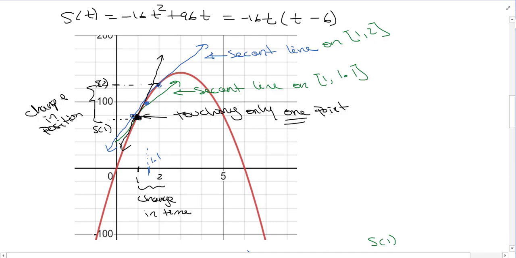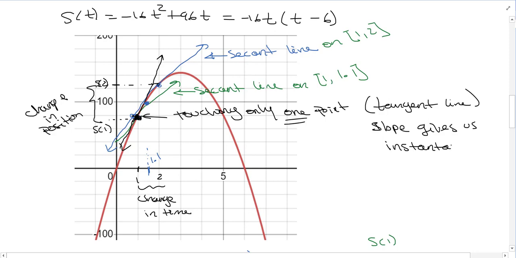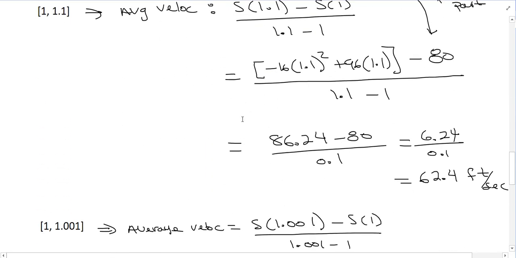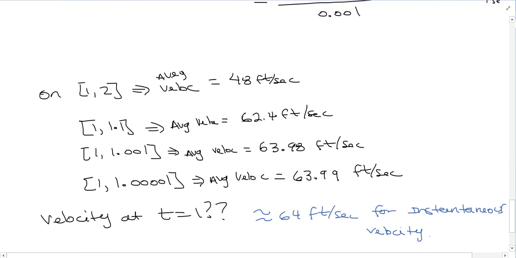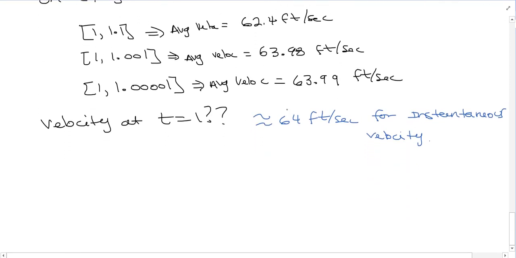Now this one, I know my graph is not the best, is touching only 1 point. So this is what we call a tangent line. The slope of the tangent line is what gives us the instantaneous velocity, and the slope of a secant line is giving us average velocity. So here we can say we think that the instantaneous velocity is going to be 64.